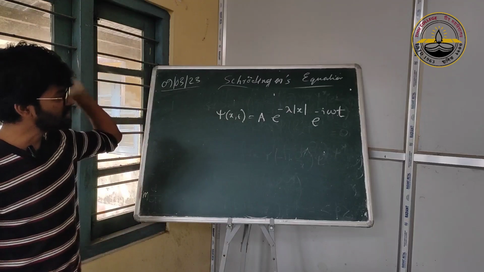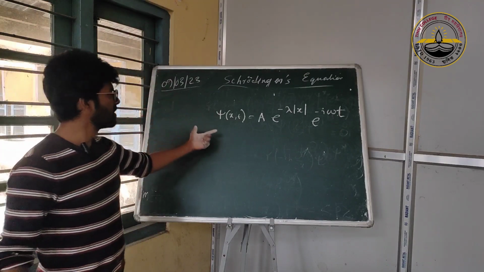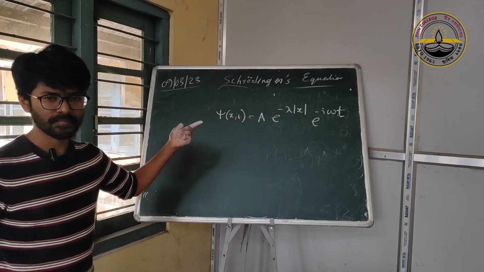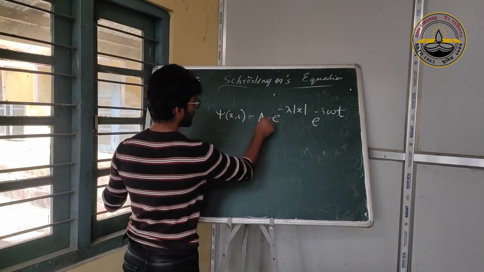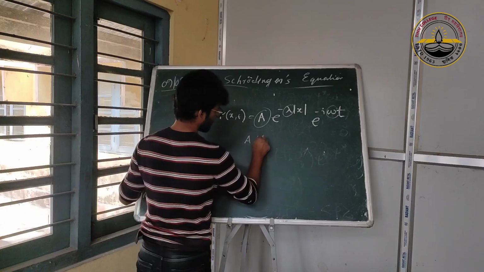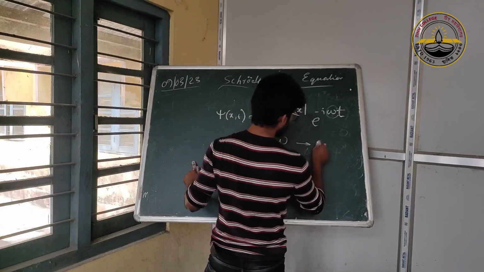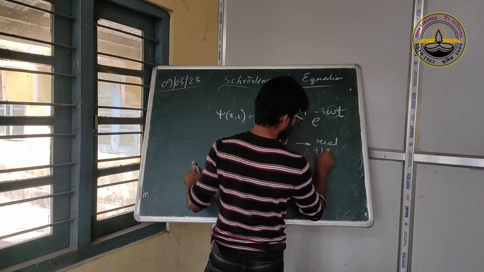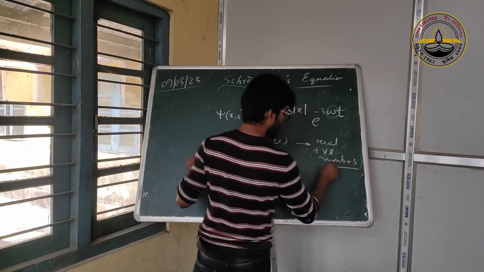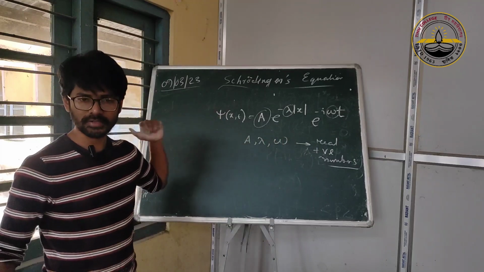So suppose you have some system and somebody solved the Schrodinger's equation and gave you a solution that looks like this, and they told you that a, lambda and omega are constants, real and positive numbers. That's given. And they said this is the wave function they got.